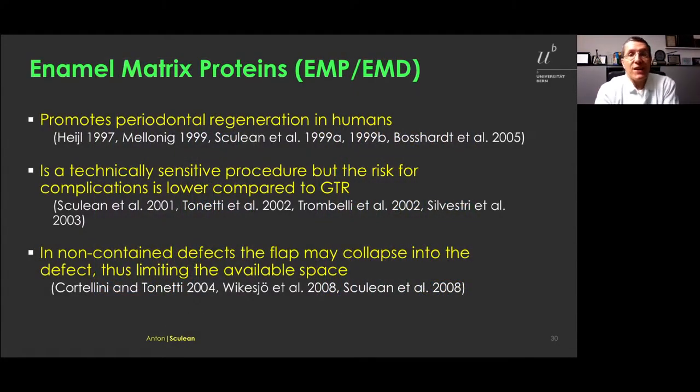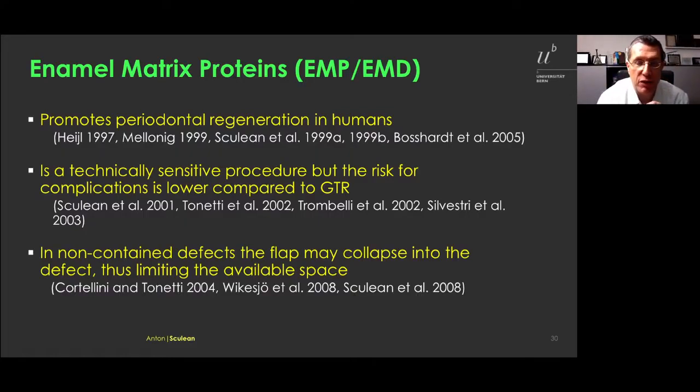Then we have another very interesting material or group, like a protein shake, a protein cocktail, okay? It is not one single protein, they are the enamel matrix proteins. And these proteins have been shown already in the 90s.